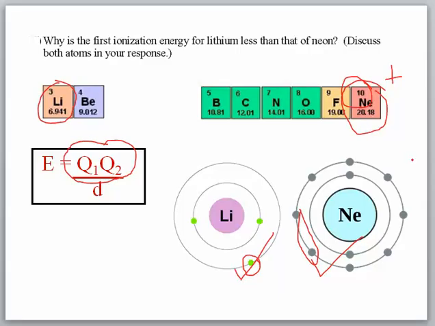The radius is smaller because the protons and the nuclear charge are greater, so the electron is held tighter, so the ionization energy is greater because it's harder to remove that electron. These are the steps they're going to want in order to give you credit. These are usually some of the lowest scoring questions on an FRQ because students don't state the answer correctly.